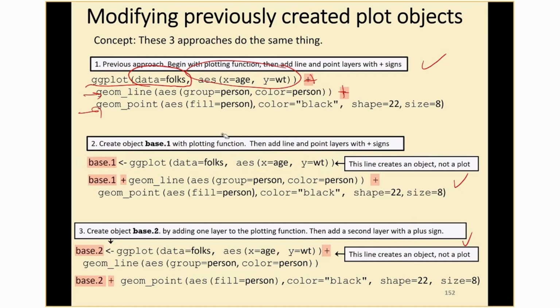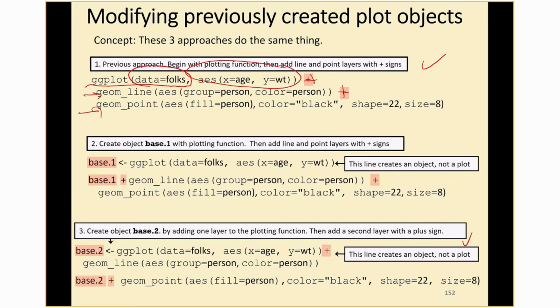On the other hand, if I start off with this object base1 and add to it two layers, one layer to make a line plot, then with a plus sign, another layer to make a scatter plot, then because there is no assignment operator here, what would be rendered would be a combination line and scatter plot.